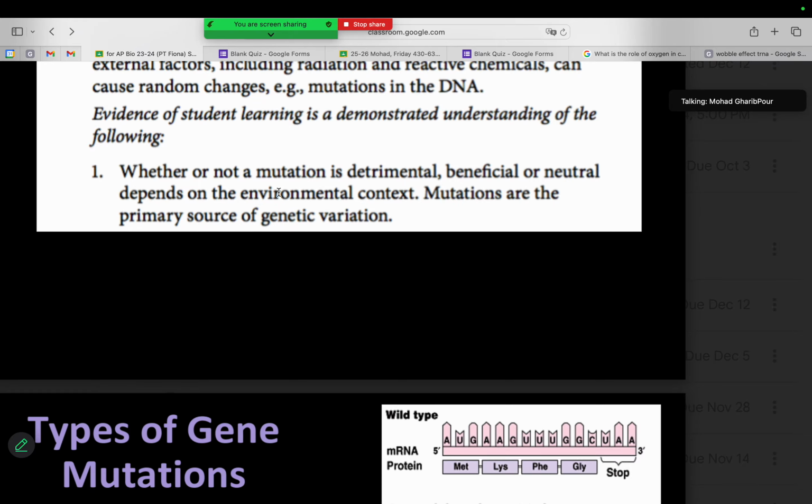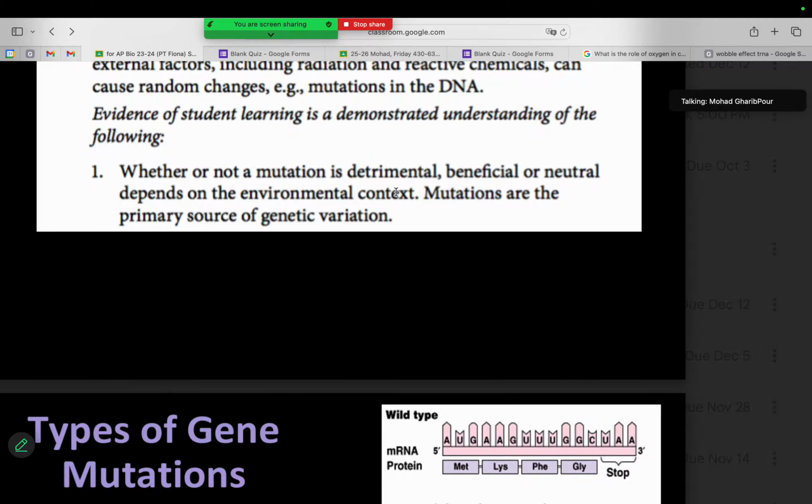Example right here, the environmental context example, is let's say you have a bunch of bunnies in an area that is very snowy. And there is a mutation in the bunnies that creates white fur. So it knocks out the pigment production in the fur of these bunnies.